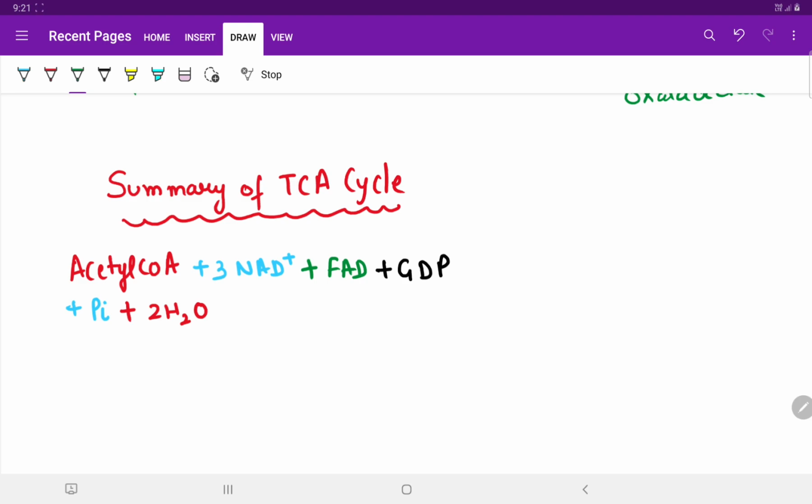Now the reaction is leading to formation of, first of all, 2 carbon dioxide molecules, then 3 NADH molecules, plus liberation of 3 hydrogen or 3 protons, we can say.